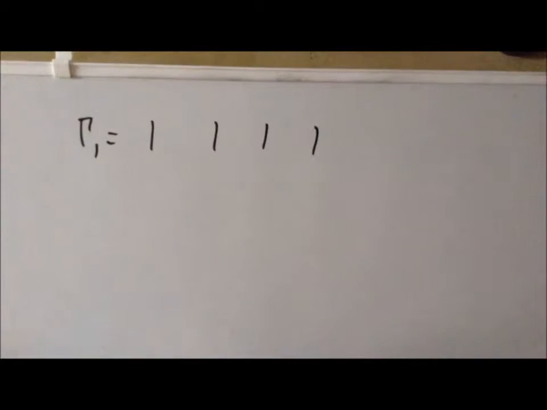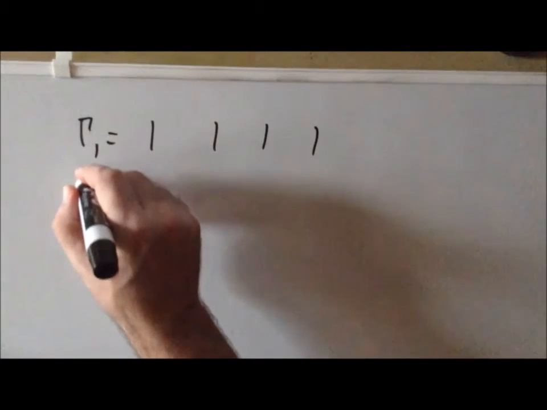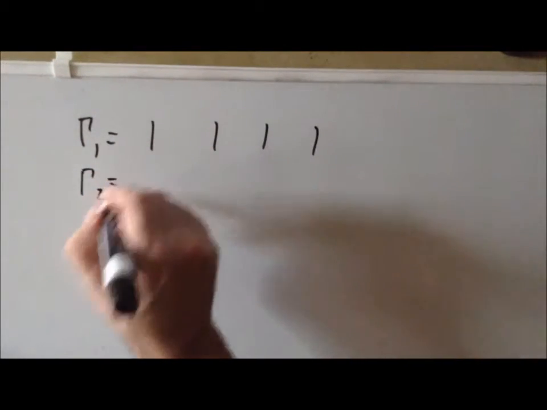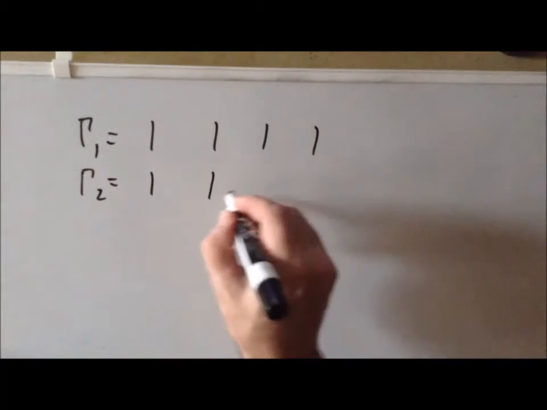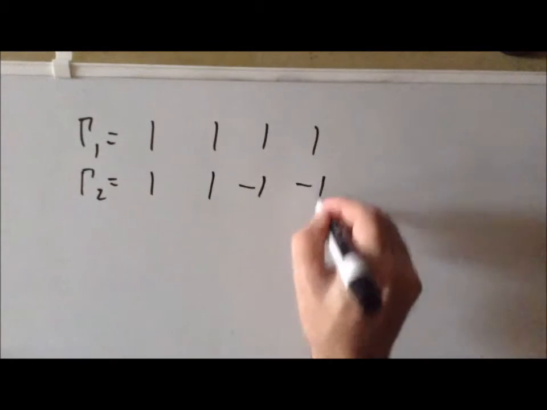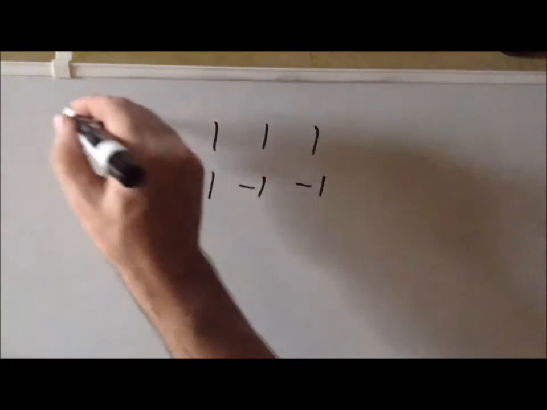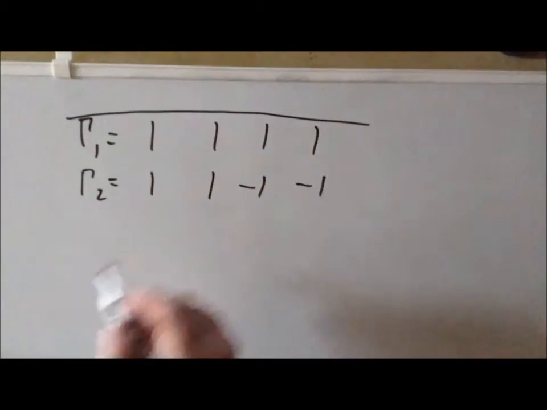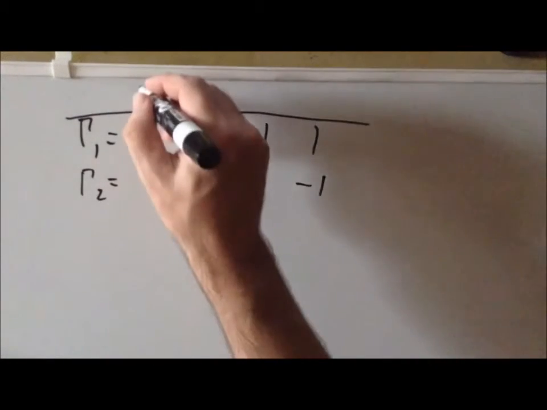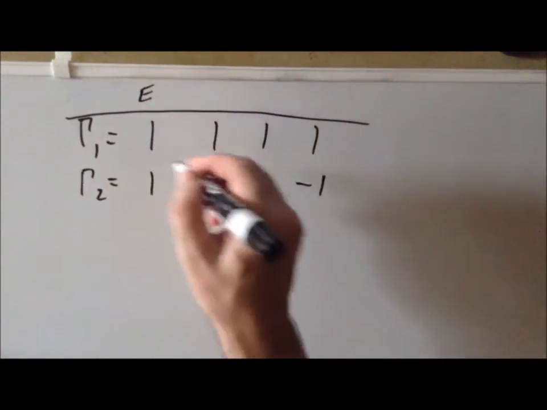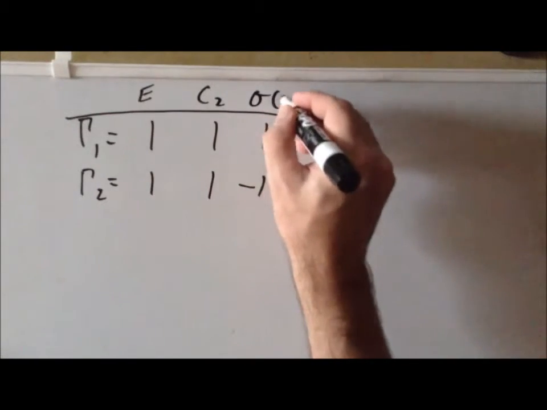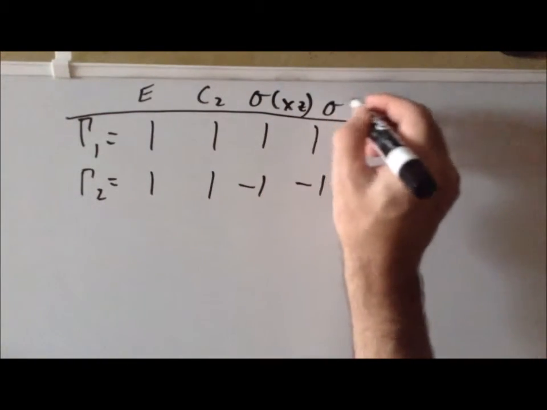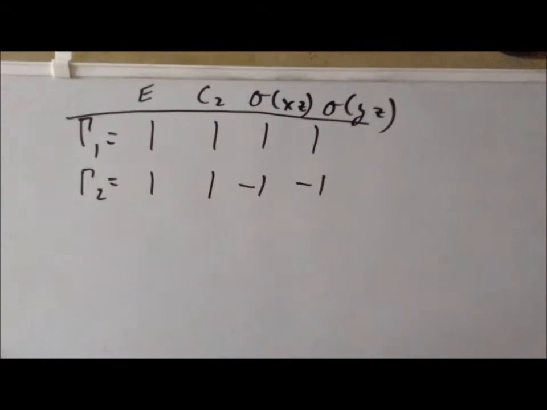The second representation is going to have the characters 1, 1, minus 1, and minus 1. What is implied whenever we put the characters in a particular order is that they correspond to particular symmetry operations. We often don't put those in there, but we know them from the character table.